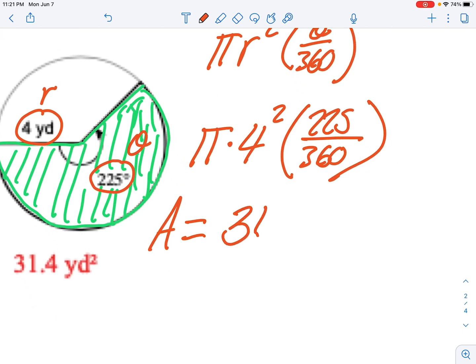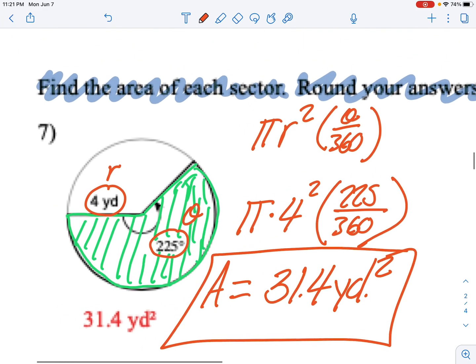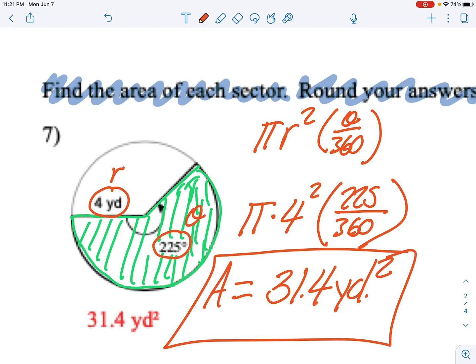So we get 31.4 yards squared. We can't forget the squared when we're doing area.